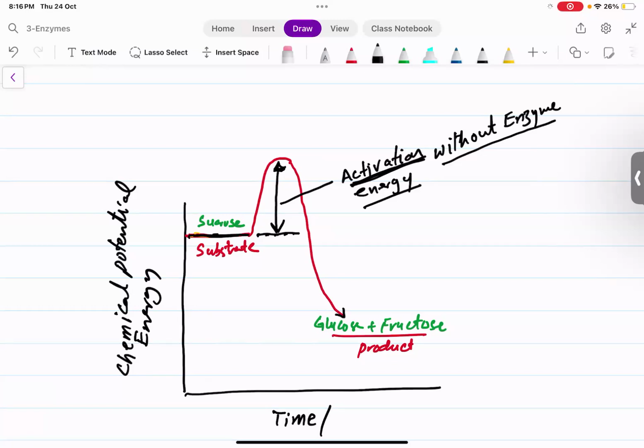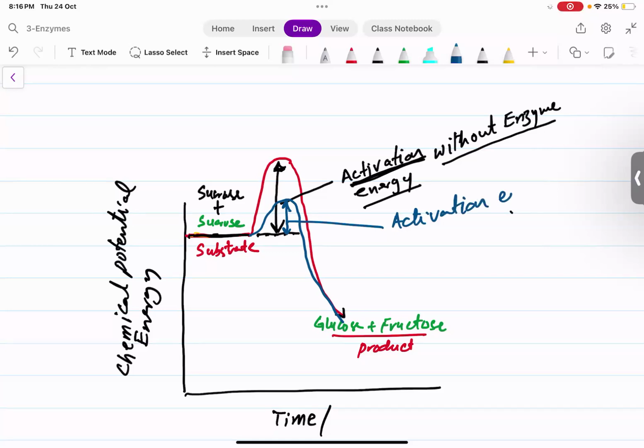If we mix this sucrose with a sucrase enzyme, we will not need this much higher energy to convert the sucrose into the product. Instead, less energy is needed. So the new graph may be like this. This is an activation energy.